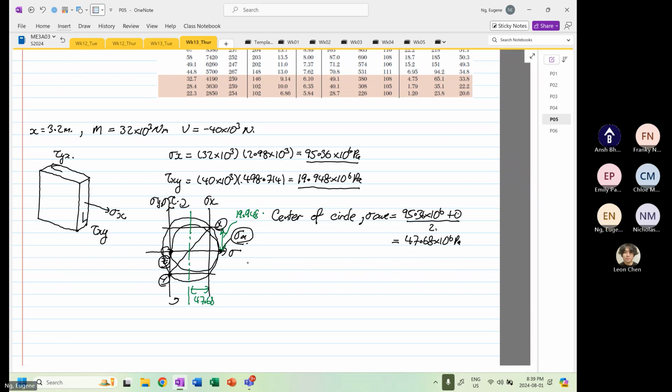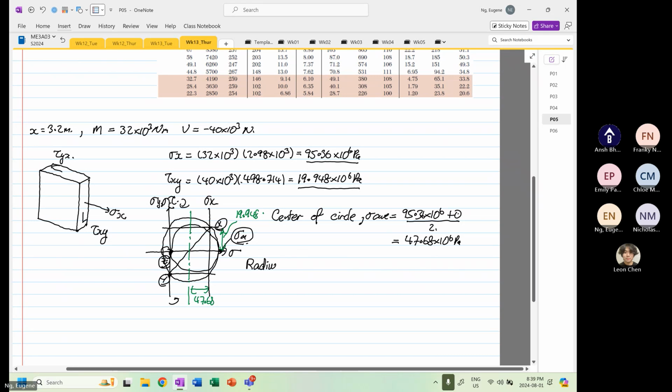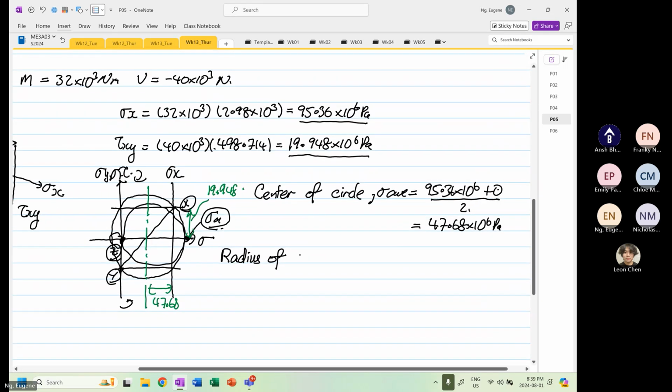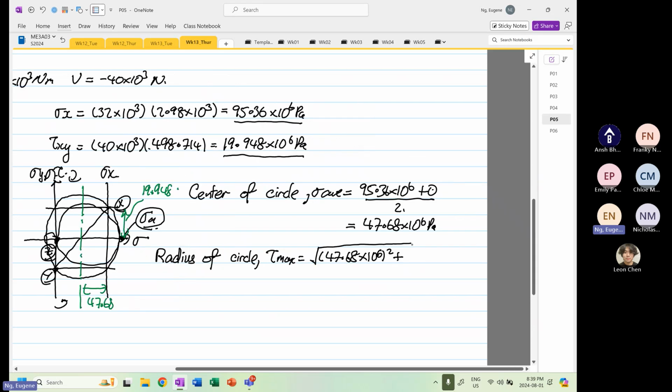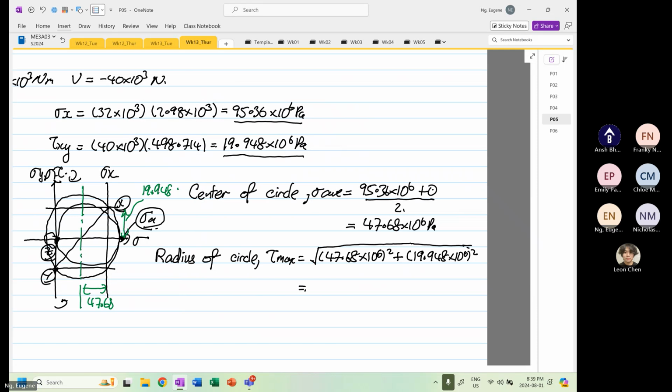So the radius of the circle, tau max, is the square root of 47.68 squared plus 19.948 squared, the whole thing square rooted.